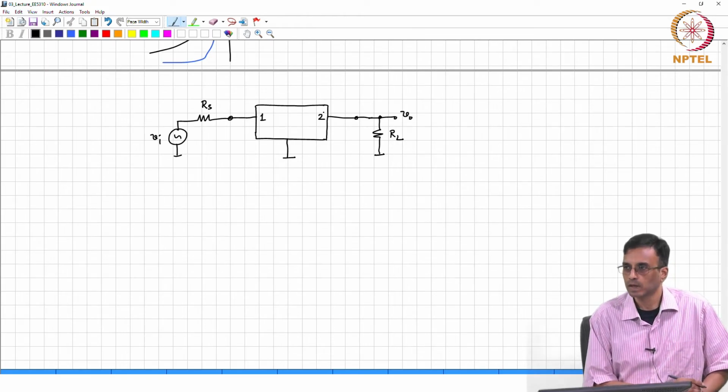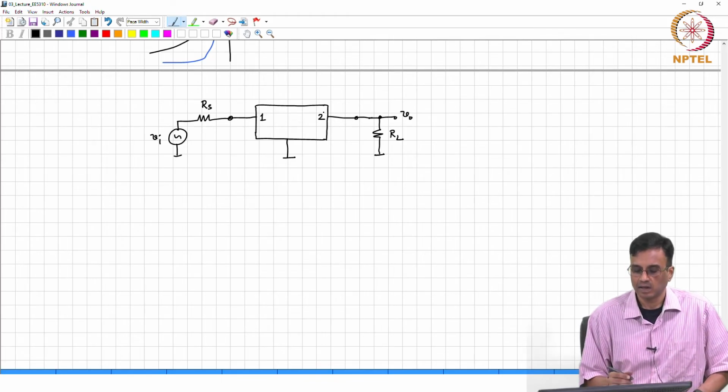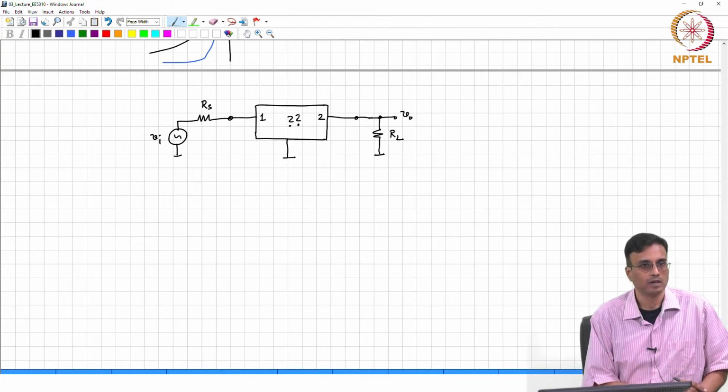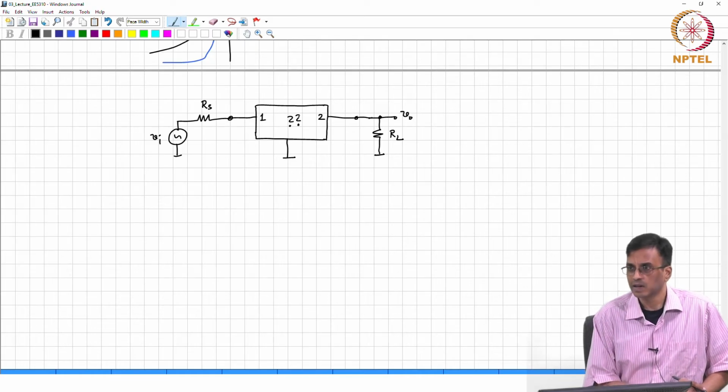Okay. And what we are interested in figuring out is what should be there in this box, so that this whole system is an amplifier. What do we understand by an amplifier? Output power should be greater than input power.